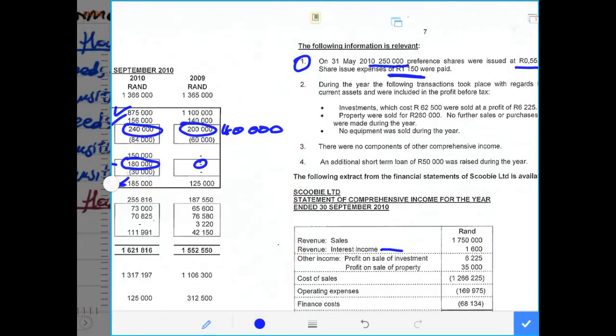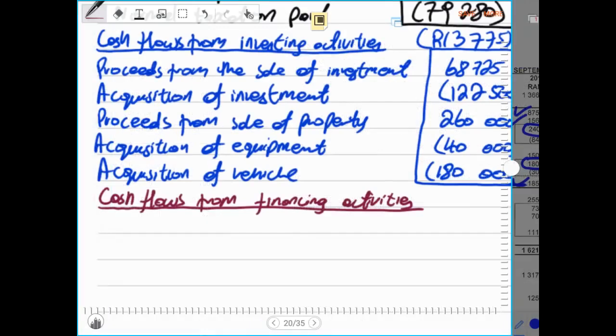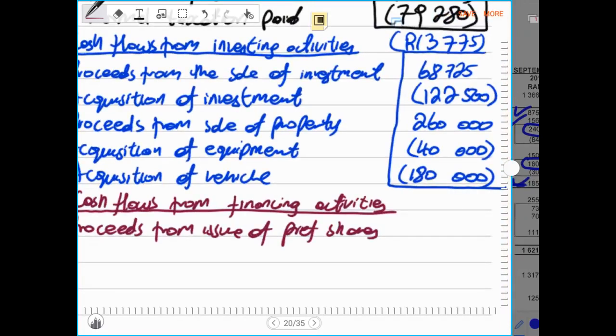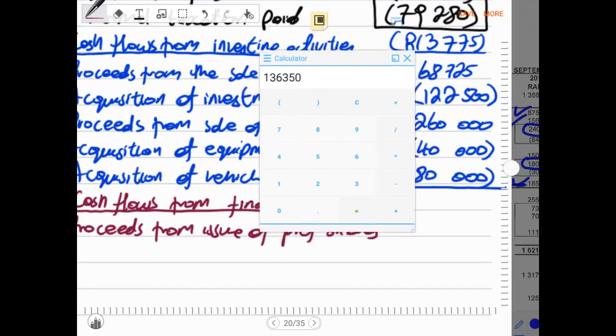Let us record that under financing activities: proceeds from issue of preference shares. Don't forget to show brackets as workings.